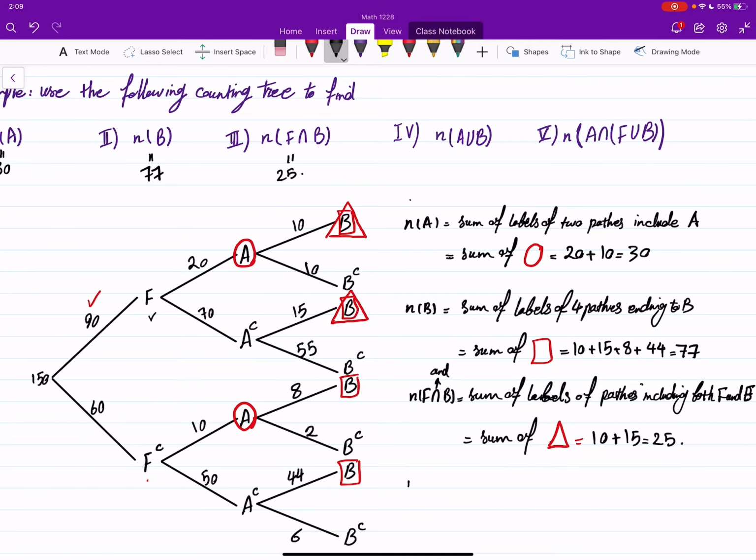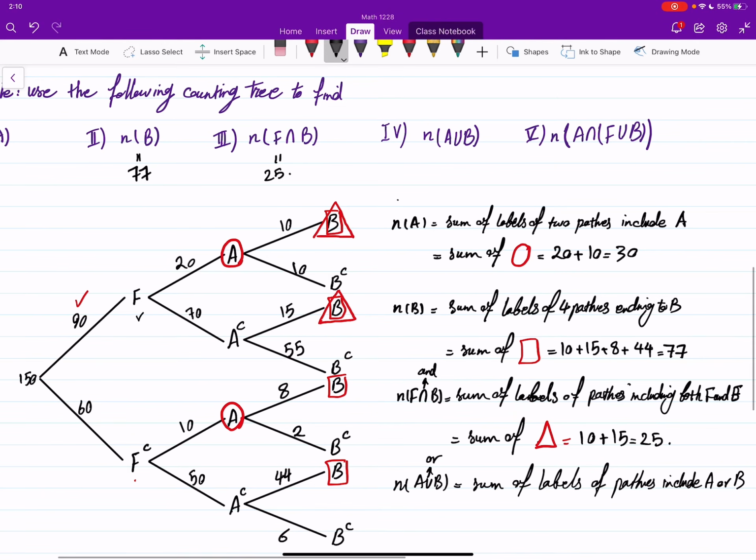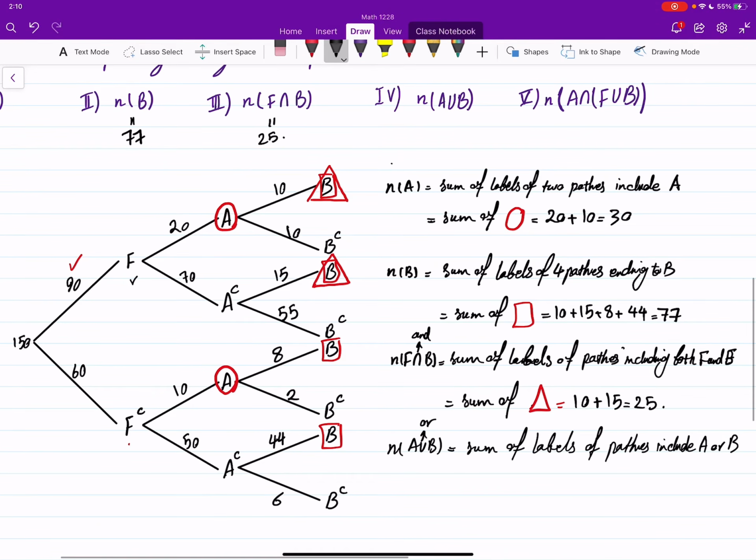How about union? Well, A union B, I need to find all the paths which include either A or B. This is important again. When it comes to the union, you do OR. So these ones, I will highlight them.